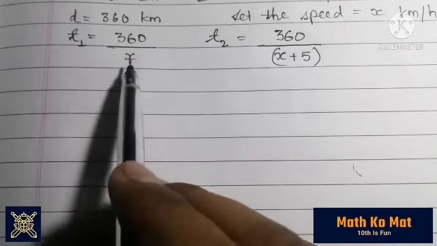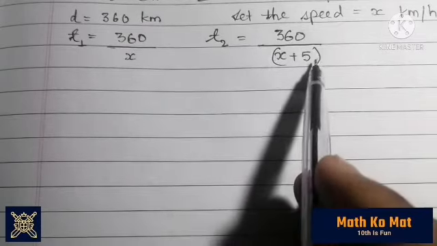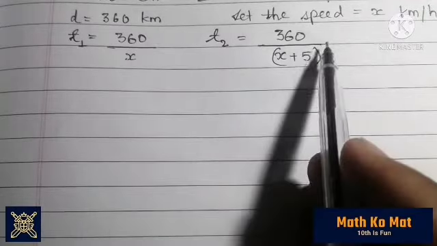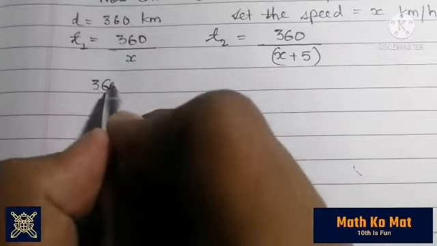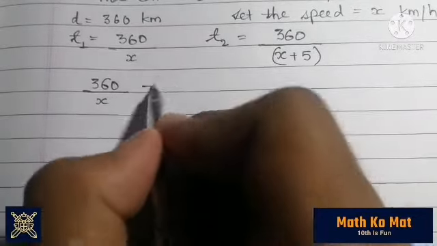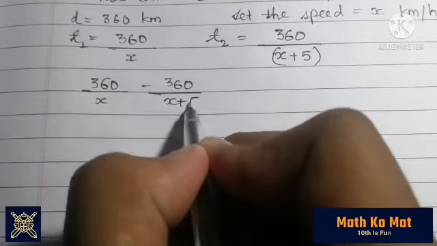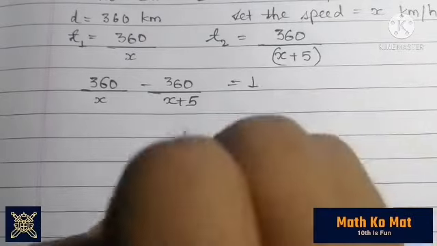This is what inverse proportionality means. So if you subtract 360 divided by x plus 5 from 360 divided by x, you are left with 1 hour. That's what we have to write: 360 upon x minus 360 upon x plus 5 is equal to 1.